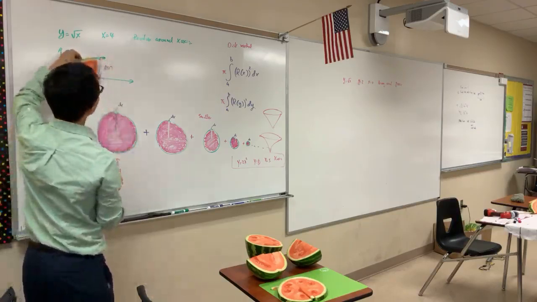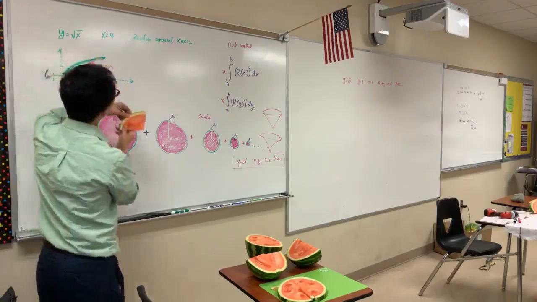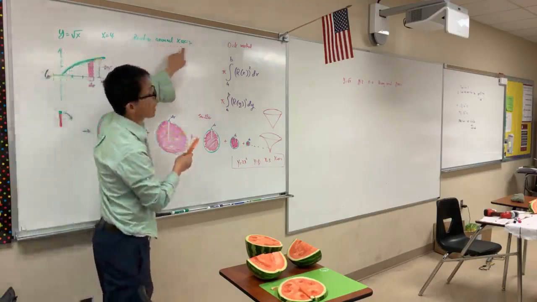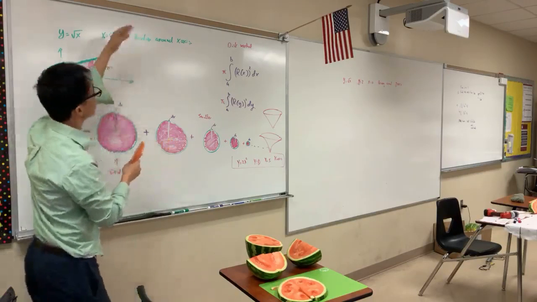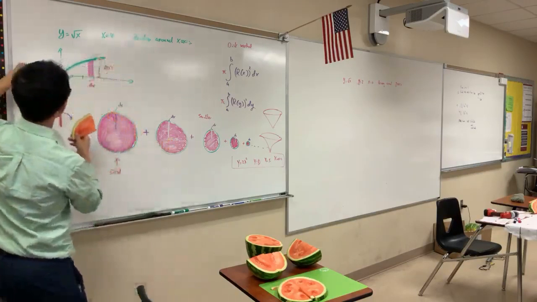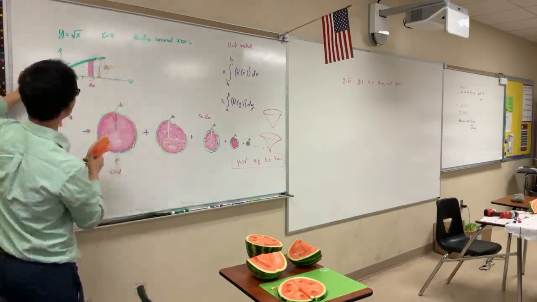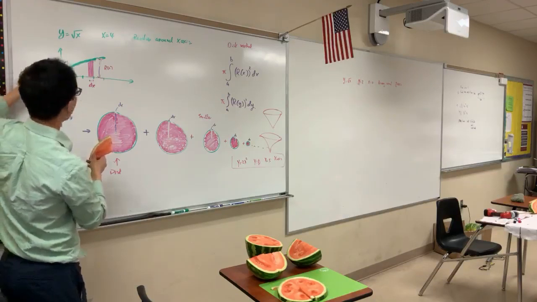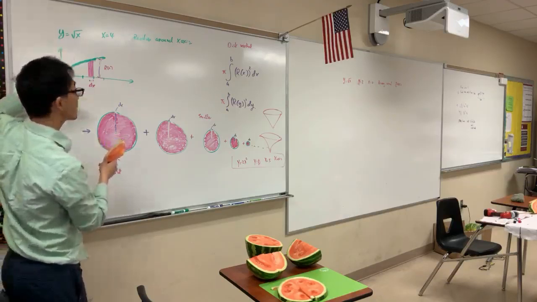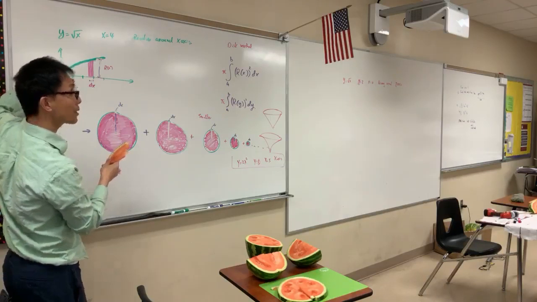Now, the key word is revolving around the x-axis. So what is the x-axis? I drew this small notation here. This is called the axis of rotation. The axis of rotation doesn't have to be the x-axis.